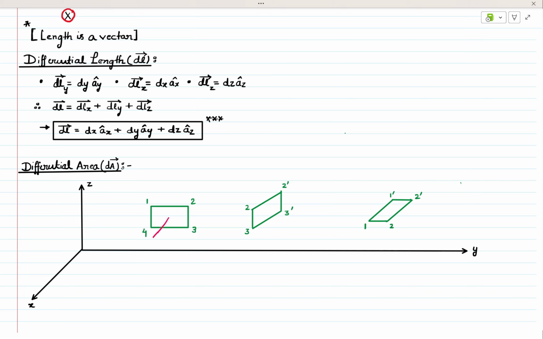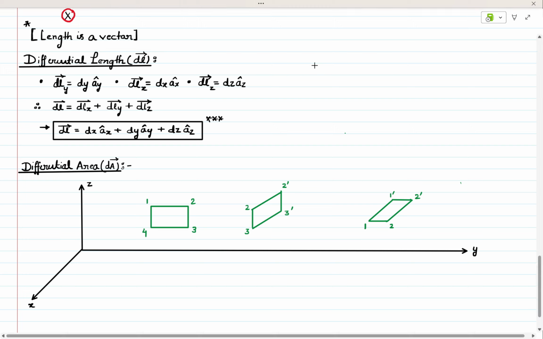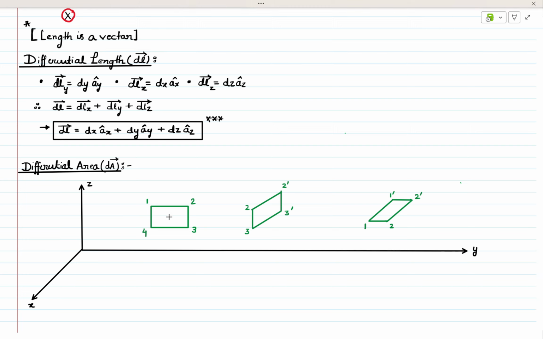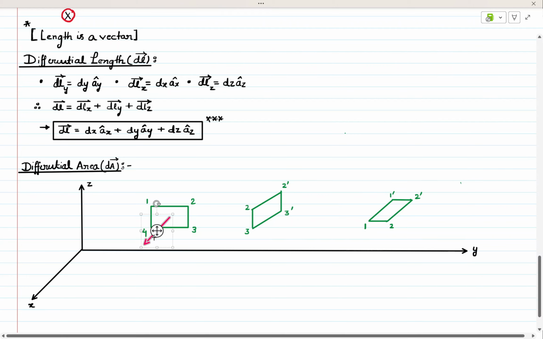That is perpendicular to this surface, perpendicular to this plane. What is that? It is nothing but the direction of x, right?